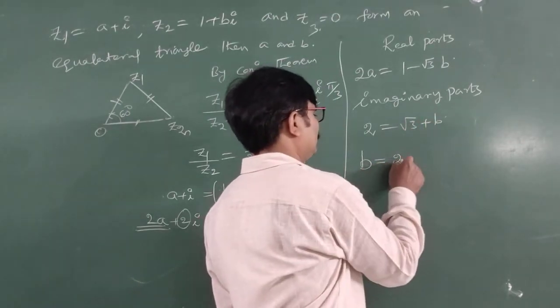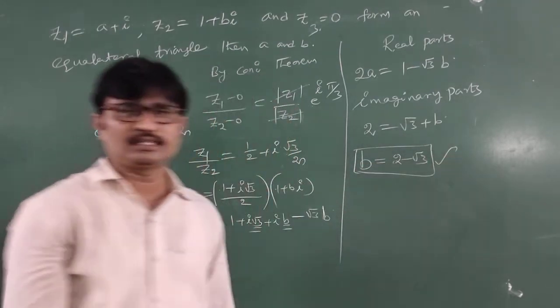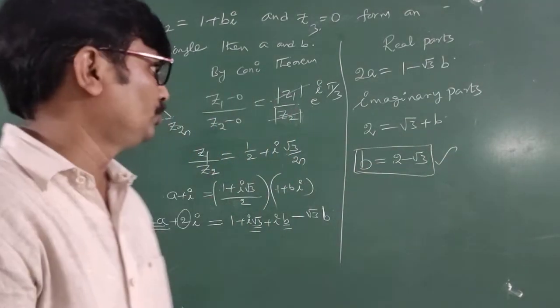So b is 2 minus root 3. The value of b is 2 minus root 3.